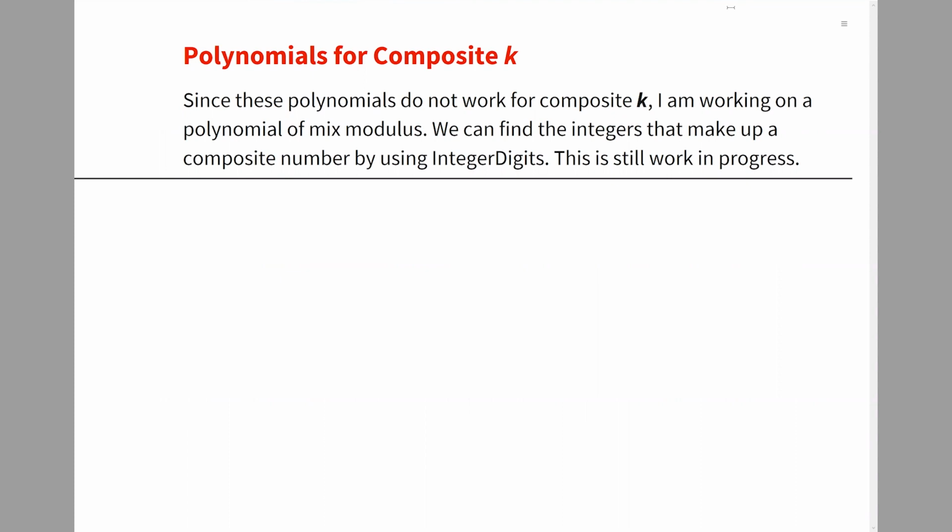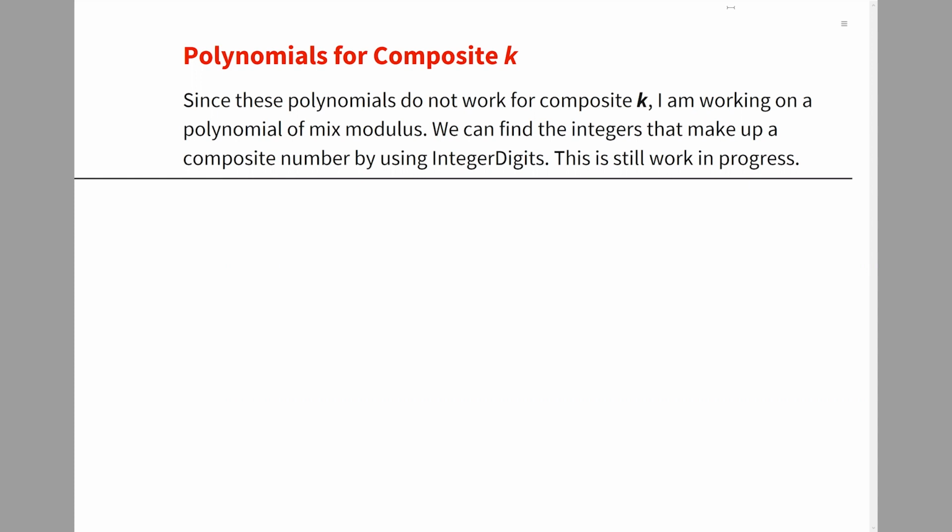I don't have it yet, but I have a work in progress where I'm looking into a polynomial of mixed radix, so that you can create a polynomial where parts of it are of a particular modulus, and other parts are another modulus.